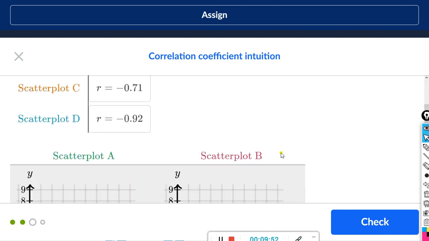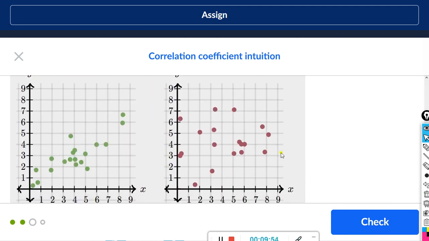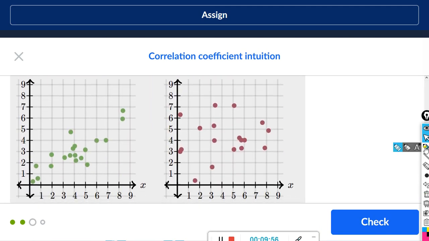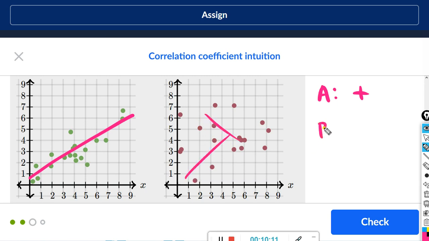All right, last one. So if you look at A, that's positive. If you look at B, hard to even say. B is very weak. All right, moving on.